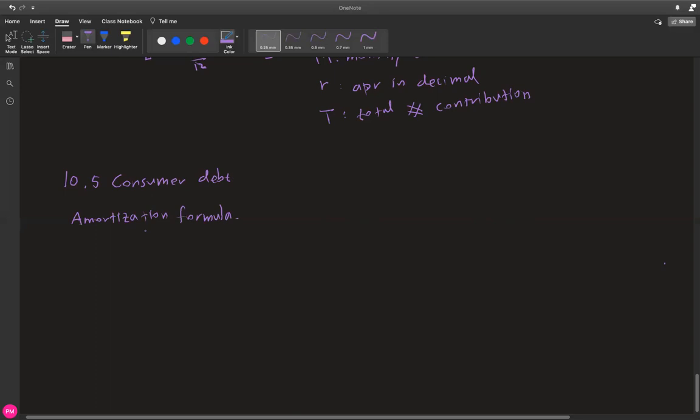It's an installment loan, and it's a form of a loan where you purposefully borrow money and repay periodically. So here is the formula.